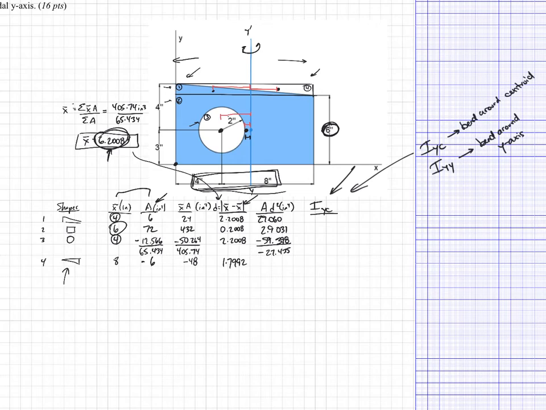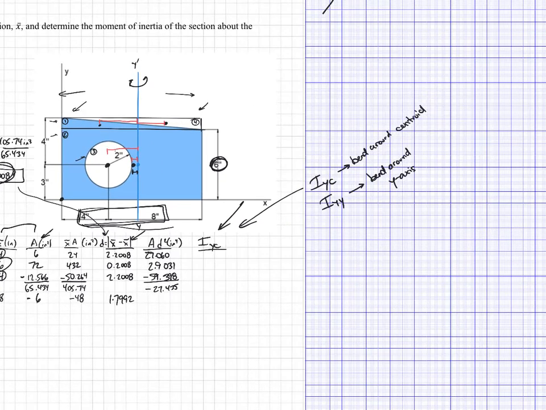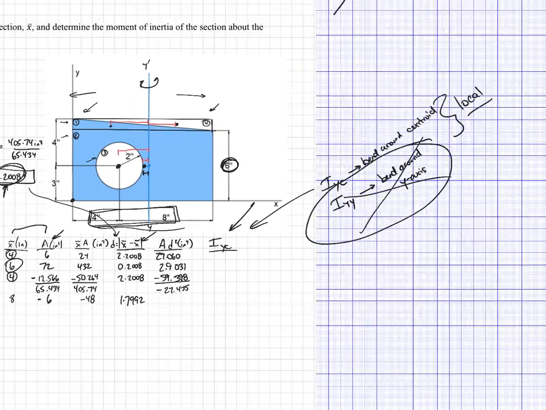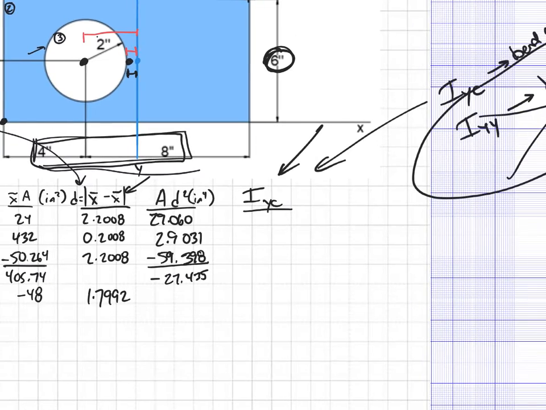Both of these are local off that chart. They have no idea where this problem is, and no idea what the global is. I don't even know why they put this on there. I don't know when you will use that. There might be a time, but certainly in this class you don't use it. I'm not the expert here, I'm not a structural engineer, so maybe that will come up at some point in time.